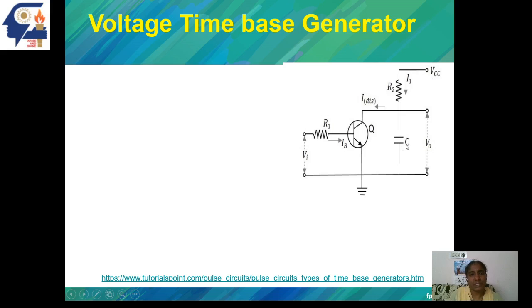The capacitor will try to charge to VCC through the resistor R2, and it will try to discharge through the transistor and R1. This circuit will produce an output waveform which varies linearly with time, and hence it is called a voltage time-base generator, because the output waveform is a voltage waveform.